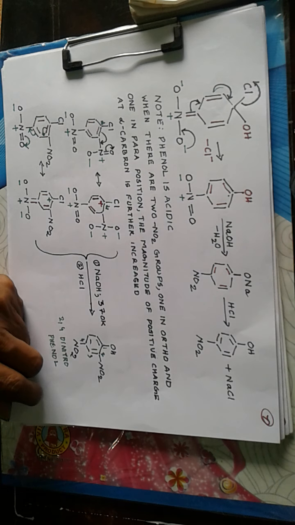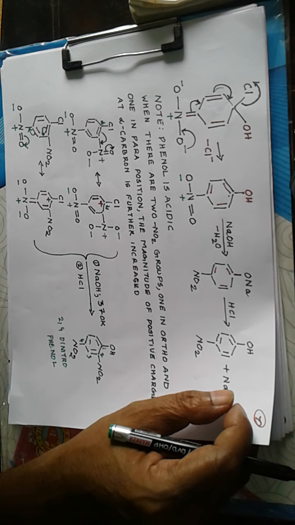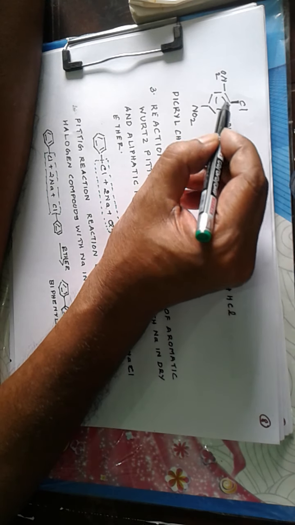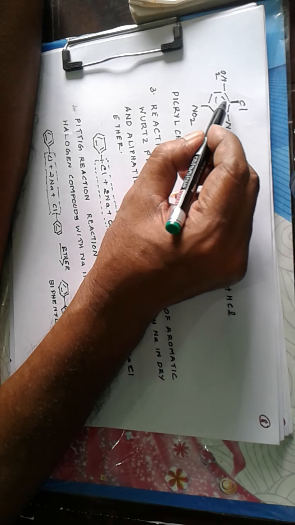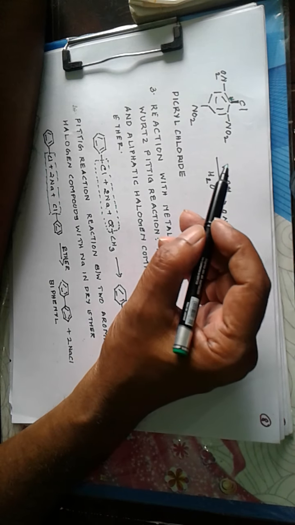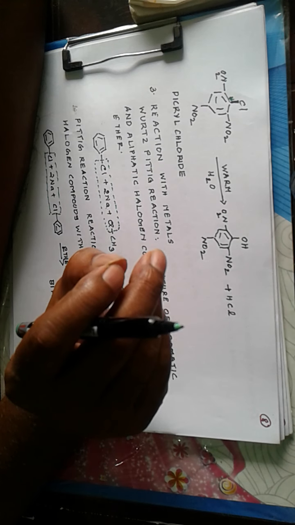So the extent of positive charge at the alpha carbon is increased by increasing the number of nitro groups in the ortho and para position. Now finally, when we come to a trinitro derivative, that is the ortho and para positions are substituted by nitro groups, then the magnitude of positive charge created at the alpha carbon will be very high, so that the conditions required are very mild.